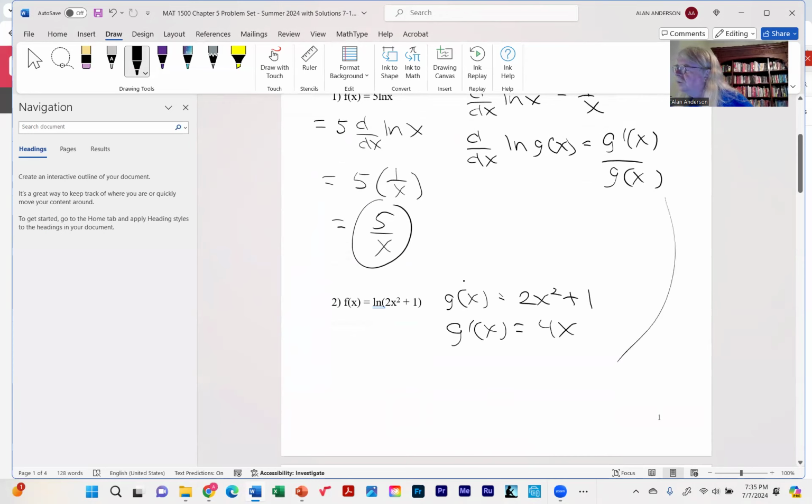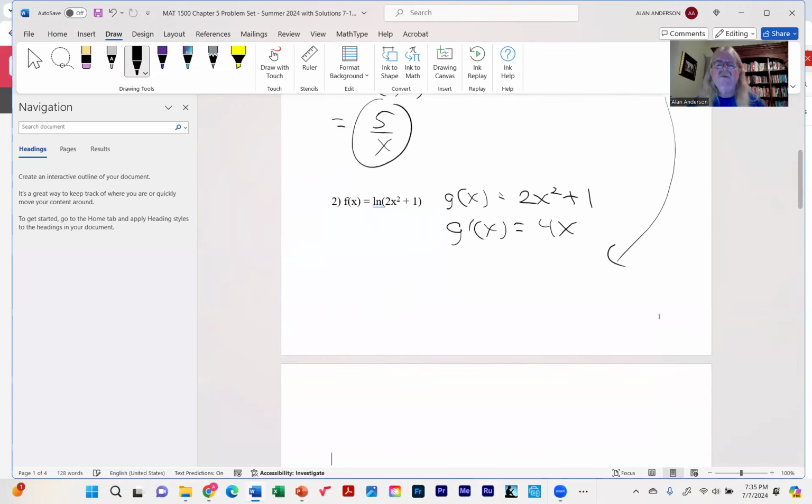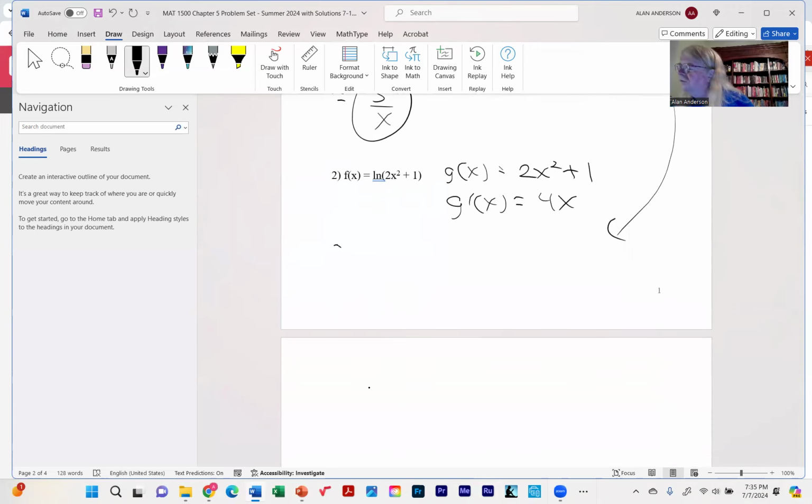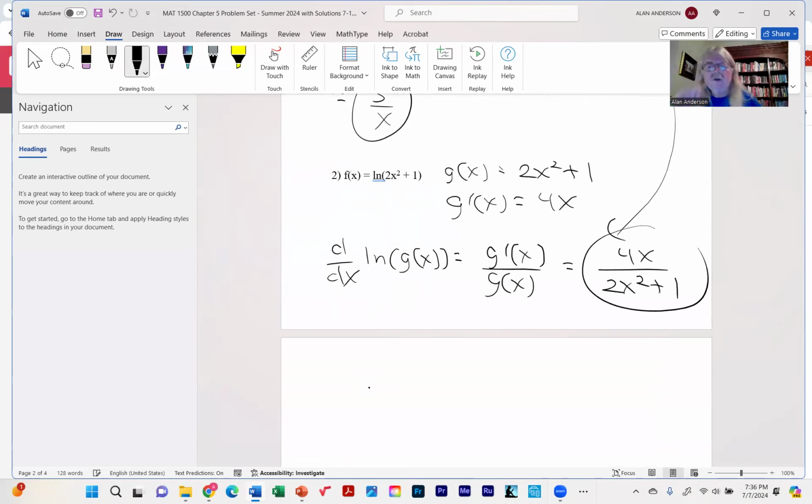So we'll borrow this rule from up here: the derivative of log g of x is g prime of x over g of x, or 4x over 2x squared plus 1. And since there's no obvious way of simplifying this, we'll just leave it like this. All right, so far so good.